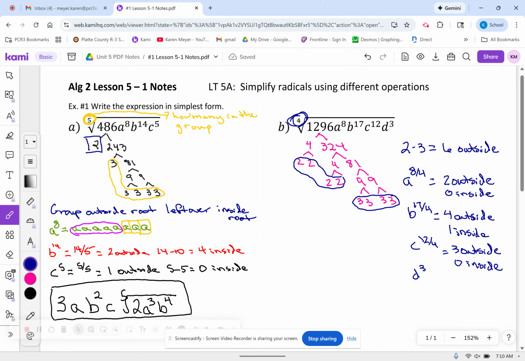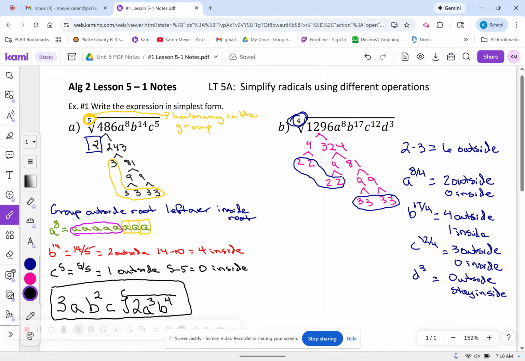Well, 4 does not go into 3, so that means I cannot put any on the outside, so 0 on the outside. They all have to stay inside, because I cannot pull out a group of 4 if I only have 3 of them to start with.